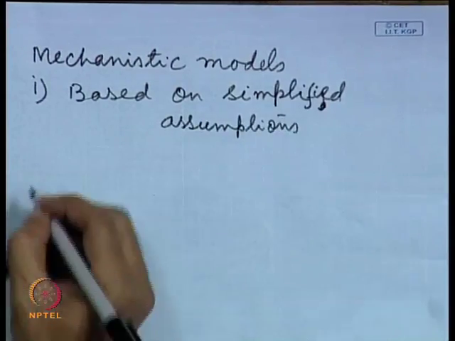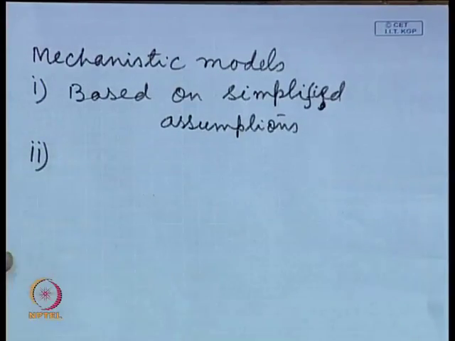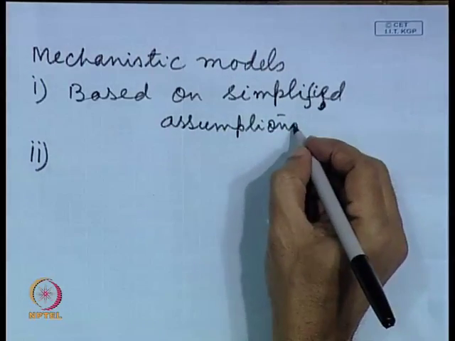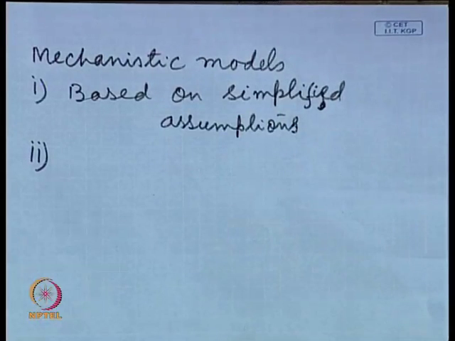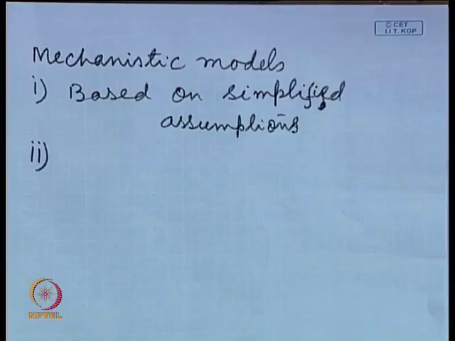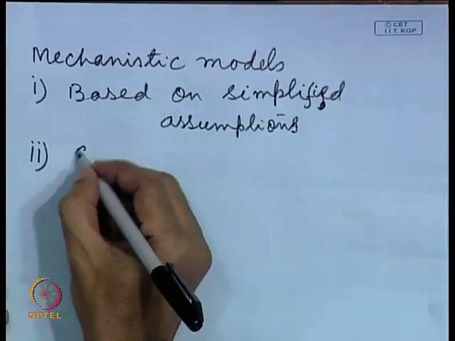So, this is one drawback of the mechanistic model, and in many cases in the mechanistic model what we do is we assume certain things, that simplified assumptions. So, closure is needed.